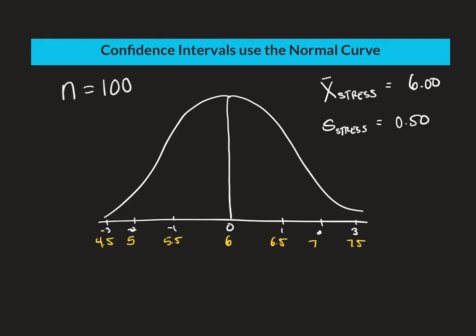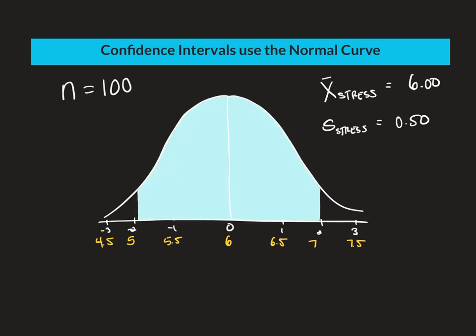Now I have raw scores going from 4.5 at a z of -3 up to 7.5 when z is equal to 3. You might recall from other study materials that 95% of the scores are expected to be from 1.96 standard deviations below the mean to 1.96 standard deviations above the mean. That means we expect about 95% of the scores to be between approximately a raw score of 5 and a raw score of 7.